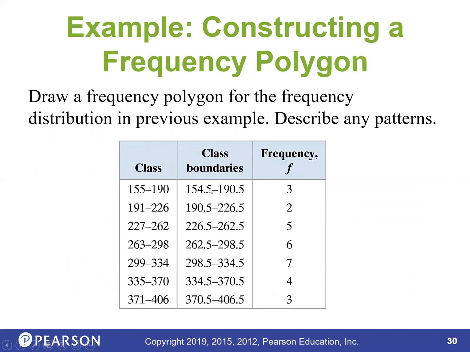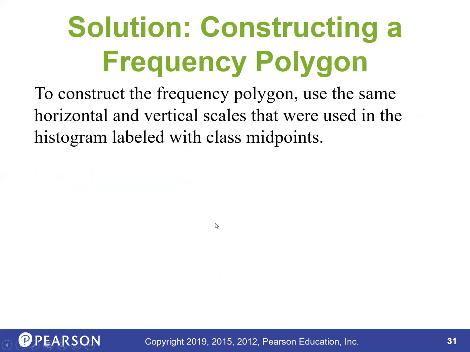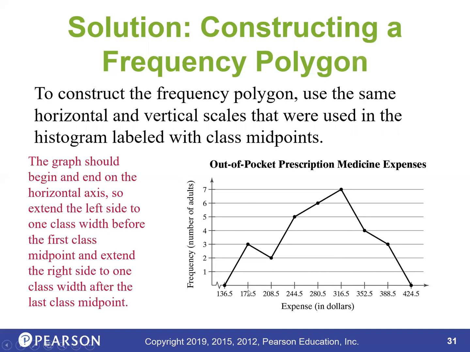So what we had to do is go to the next midpoint, which is the midpoint minus 36. The midpoint here was 172.5, and if we subtract 36, we end up with 136.5. If we add 36 to the midpoint, we get the other one. So it's the midpoint of the class that's above and the class that's below.